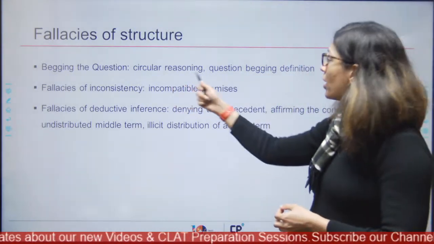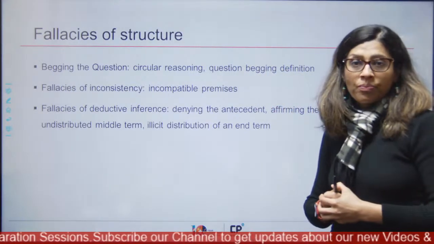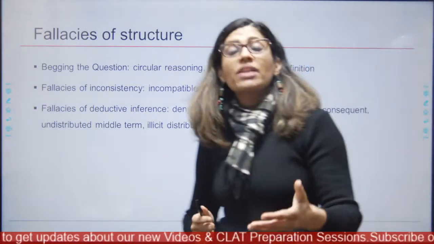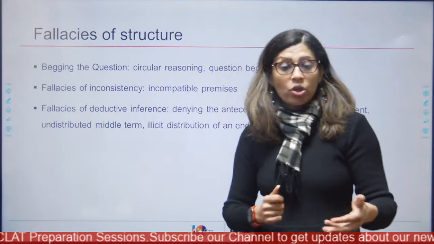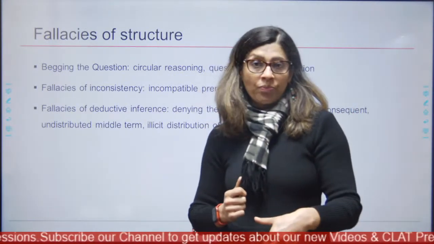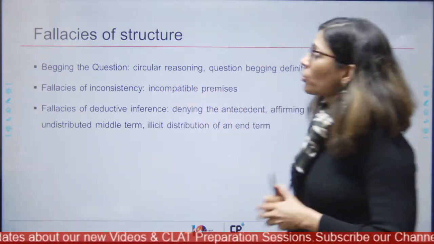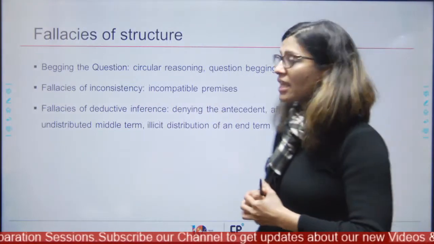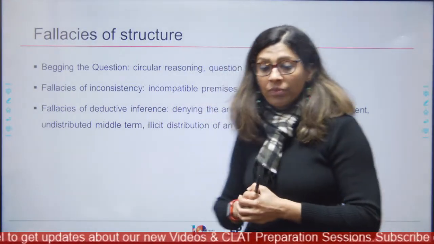There could be circular reasoning or the question begging definition, where purposely the author's argument is twisted or the definition is twisted to suit the conclusion. We are going to come to what it is. You can note it down. Then we will study fallacies of inconsistency. That means premises are incompatible with the conclusion.